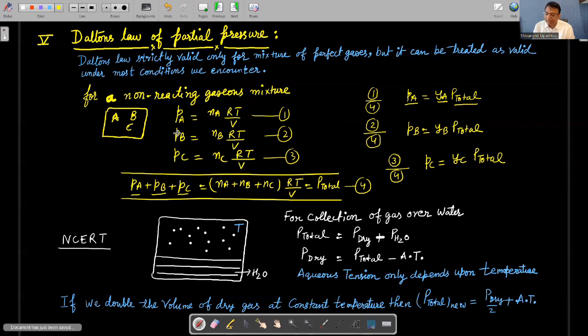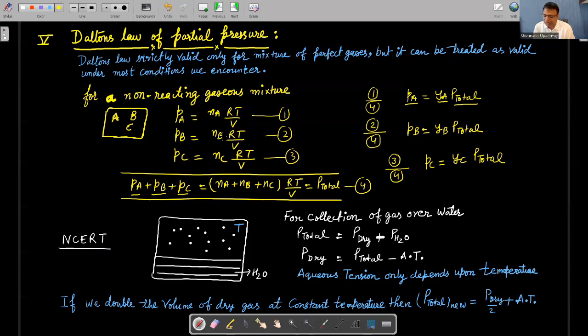When we are calculating partial pressure, gas A is in the mixture of A, B and C, but the pressure it applies when it is present alone in this container at the same temperature is the partial pressure of A. When only B is in this container at the same temperature, whatever pressure it exerts on the wall is the partial pressure of B. So the partial pressure of a gas depends on only three factors: the number of moles of that gas, the temperature, and the volume of the container. The partial pressure of gas A depends on the number of moles of gas A, the temperature of the container, and the volume of the container.